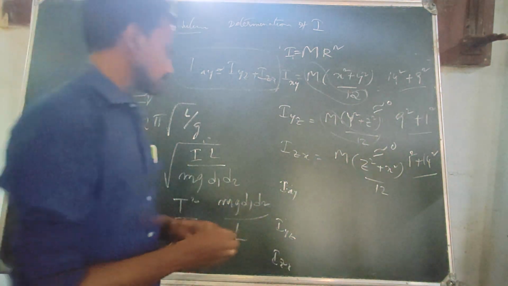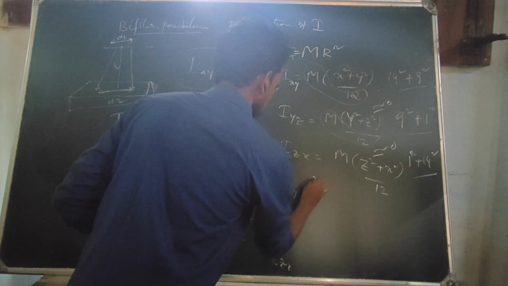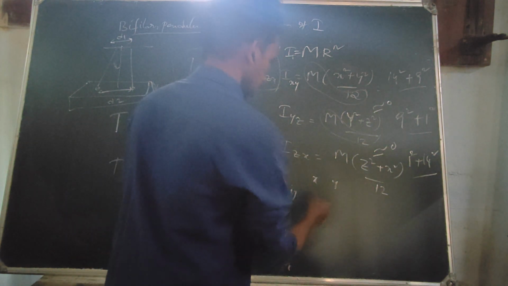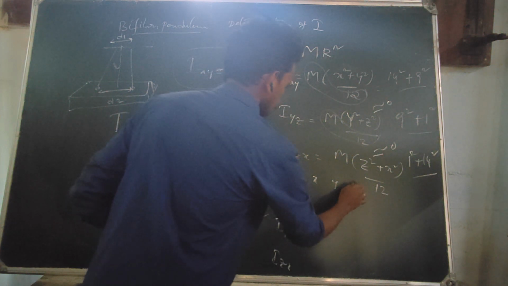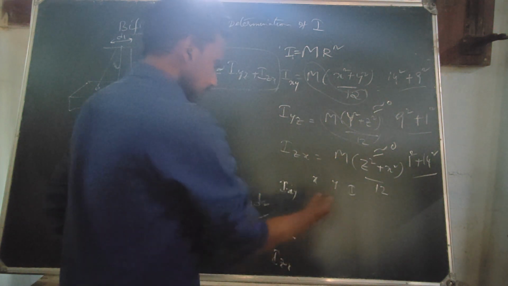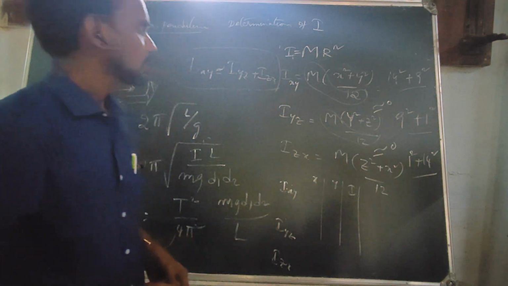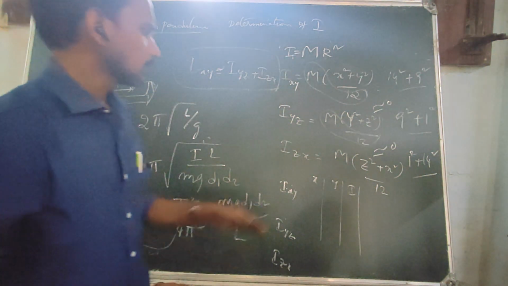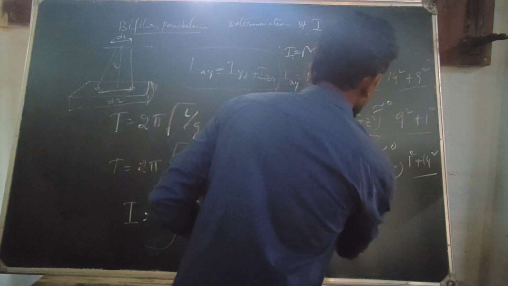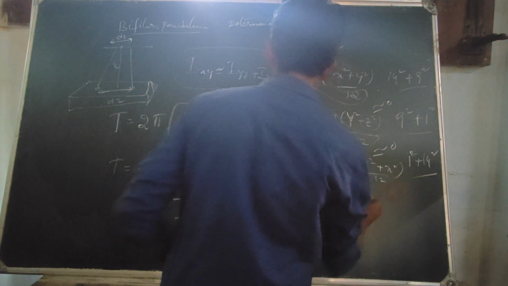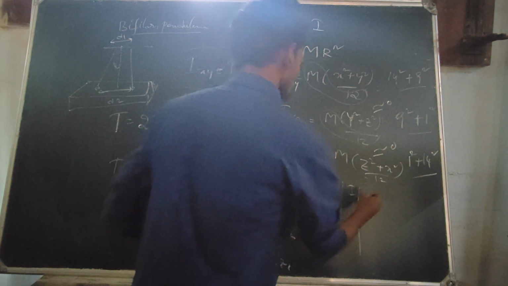For the first case, value of X, value of Y, and whatever dimensions we have, and calculation for I. And then experimentally you have to fix these values. What are the values?